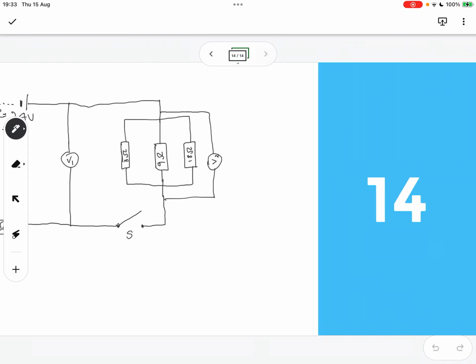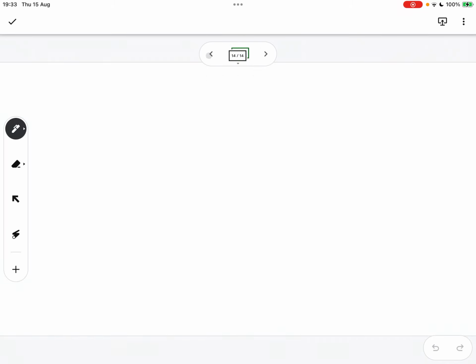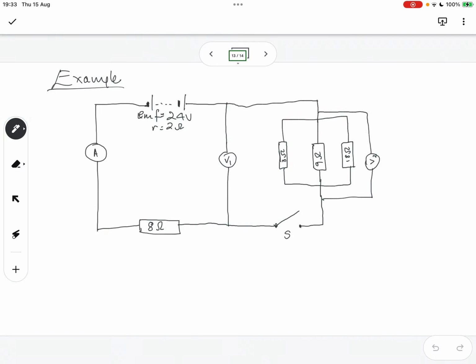All right, and yeah. So we're going to look at when the switch is closed, open. So in the case where the switch is open, we are asked what the reading on V1 is and what the reading on V2 is.